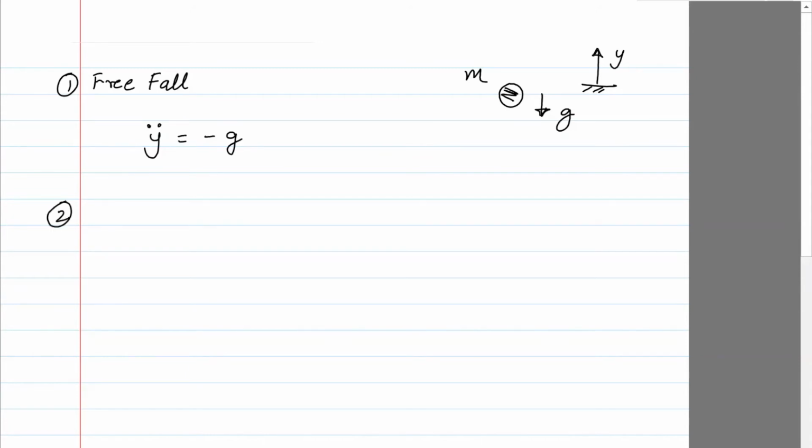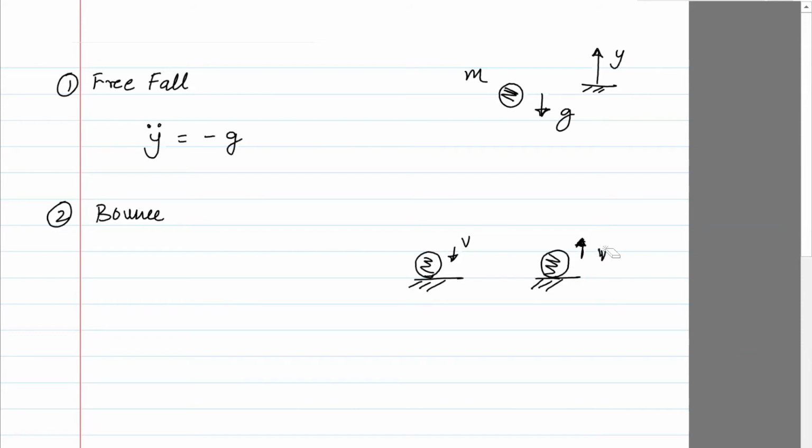The second is the bounce. Now this one is slightly different. I need to draw two diagrams here. One is just as the ball is moving downwards with the velocity v, and then there is the phase where it bounces off.